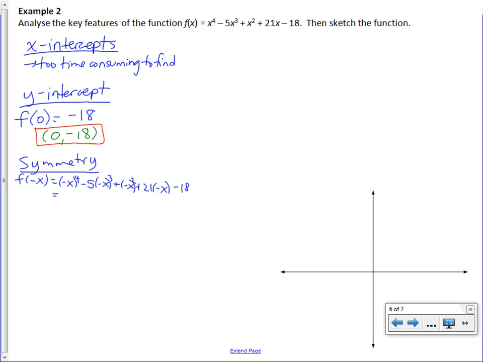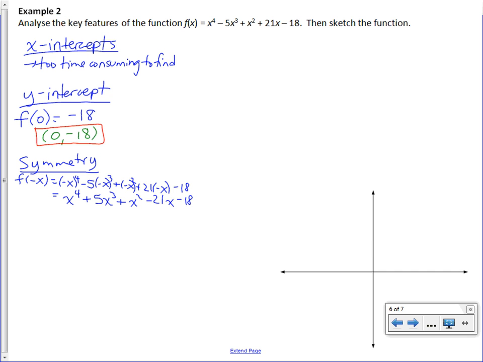Negative base to an odd exponent is negative. So I'm going to end up with the same x to the 4. This is the one everyone gets tripped up on. So negative x all cubed is negative x cubed times negative 5, positive 5x cubed. Negative x squared is x squared, plus x squared, minus 21x minus 18.